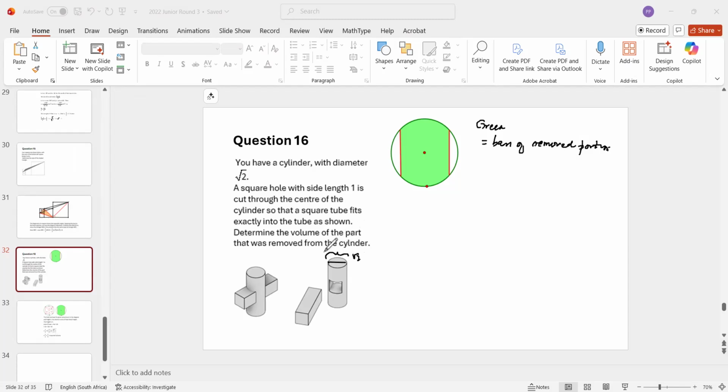Now you need to calculate the volume of this object. The volume of any vertical solid, no matter what you have at the bottom, as long as you have exactly the same thing at the top, is always the area of the base times the height.